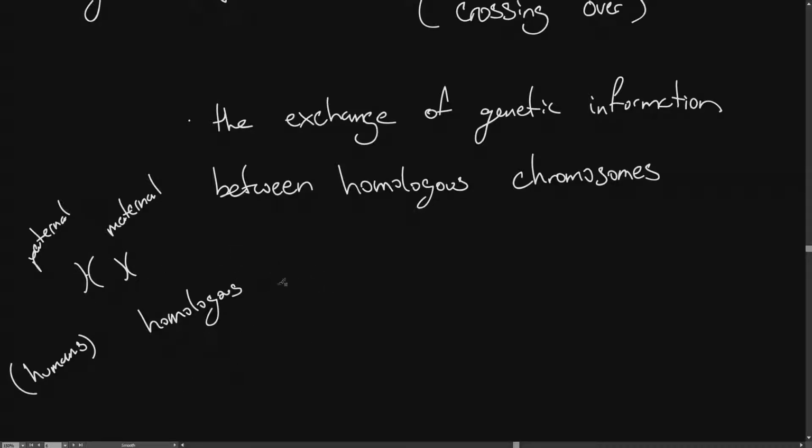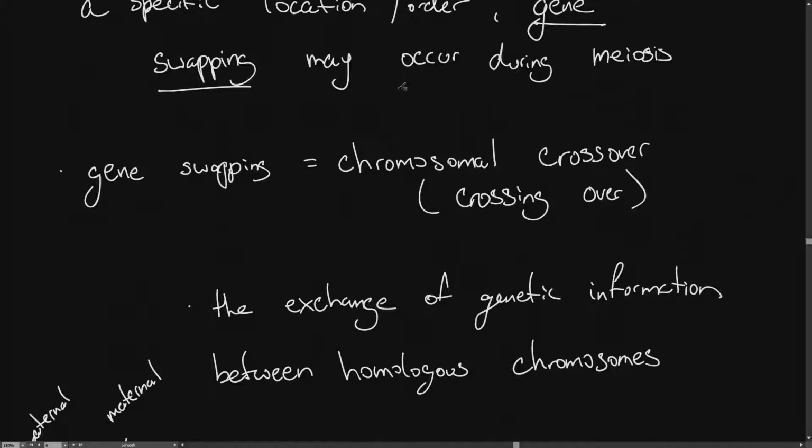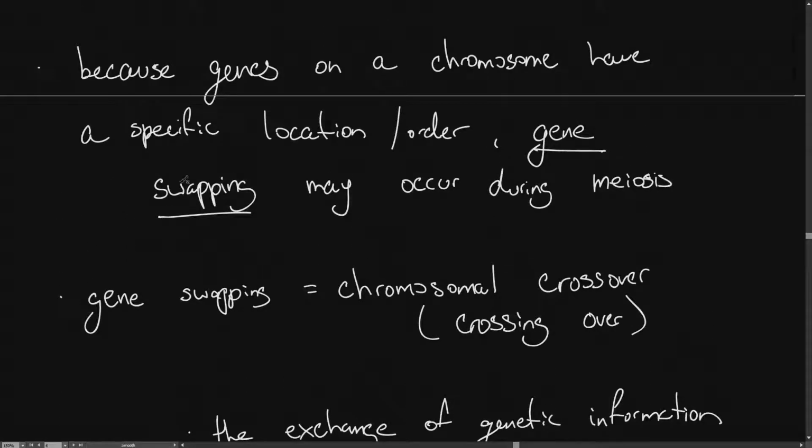So this all happens during meiosis, and this chromosomal crossover happens specifically during prophase 1 of meiosis.